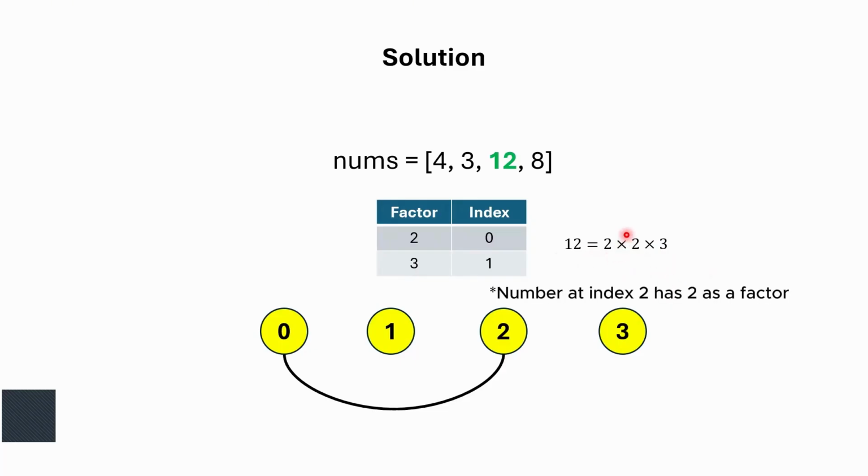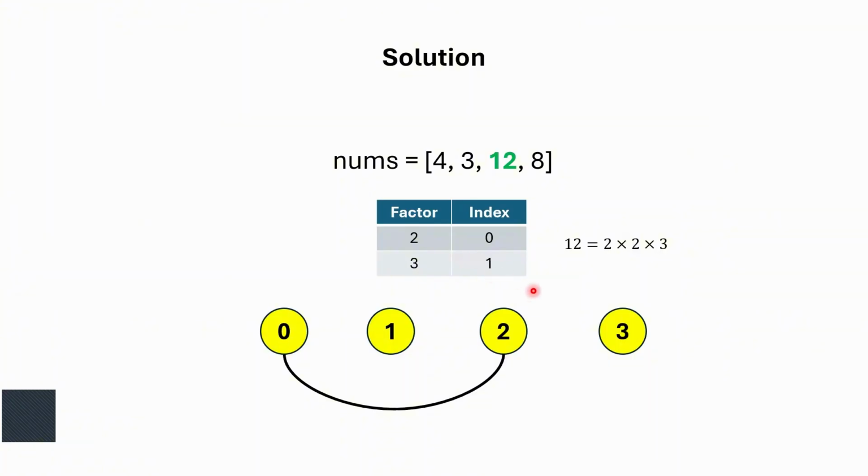12 has 2 as a factor. And we also see that previously we already had a number at index 0 that has the same factor 2. That means we can traverse from that number at index 0 to the number 12 here, right? Because they share the common factor, that is 2. And 2 is actually greater than 1, so it satisfies the condition stated in the problem.